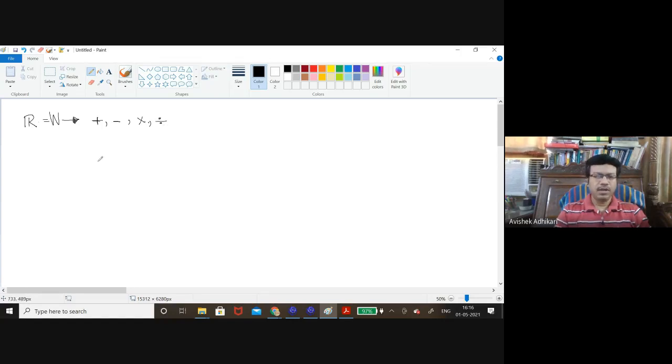So if W is my world of all elements on which I am going to apply plus, minus, dot, or any arbitrary operation, say star, then consider only one operation, for example plus. The best thing is that if I add any two elements from W, it should not go out of W. That means it should be within W.